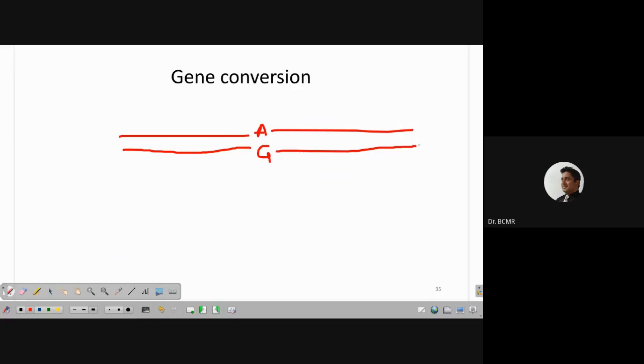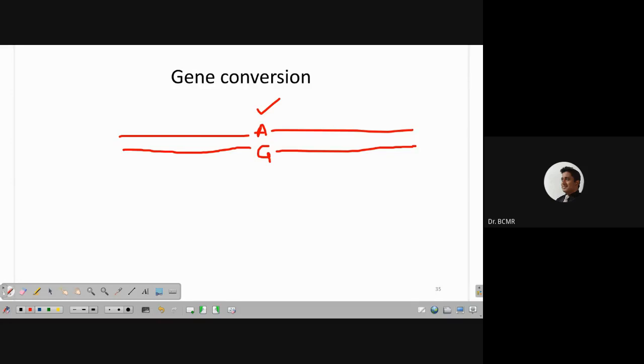That means there should be at least one base difference between them. If homologous recombination has occurred, you will end up with mismatches like these. Sometimes you can also have a large number of mismatches, or insertions or deletions as well.